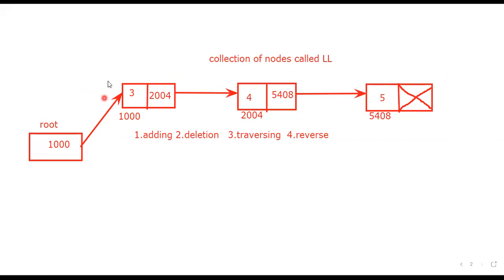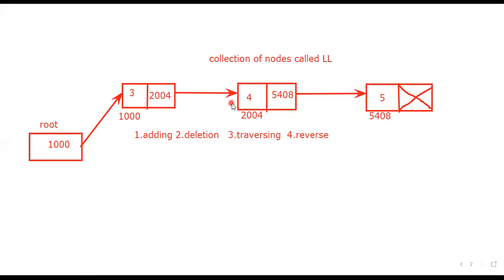So first of all, let us consider the adding operation in a linked list. By using the adding operation, we can insert the node at starting, or at ending, or before a node and after a node. For example, after 3 also we can insert, before 4 also we can insert.